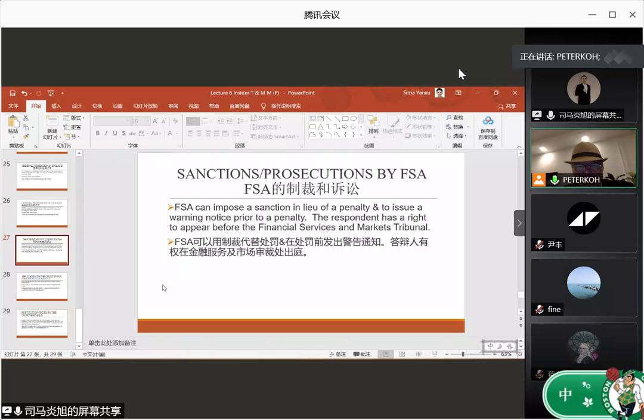But the respondent has a right to appear before the Financial Services and Markets Tribunal. This is an internal regulatory body. You can appear before a tribunal. It's just like a listing court, but it is within the financial services market. Okay. Number 28, please.